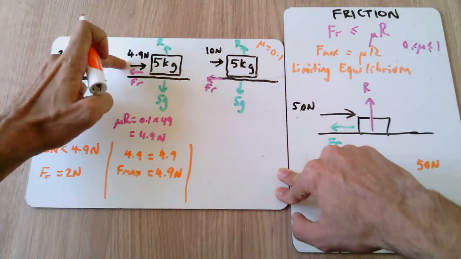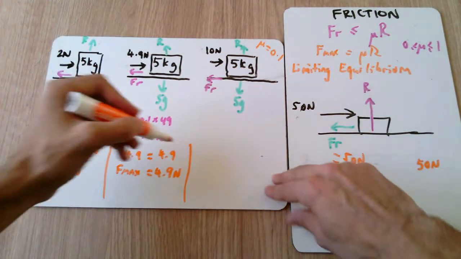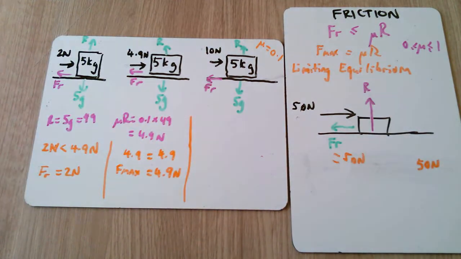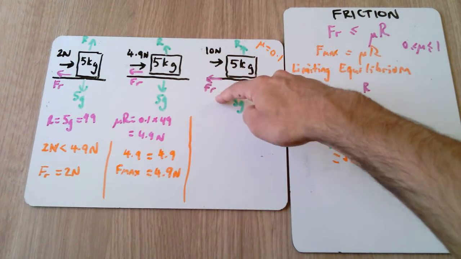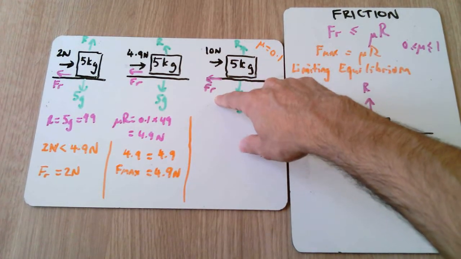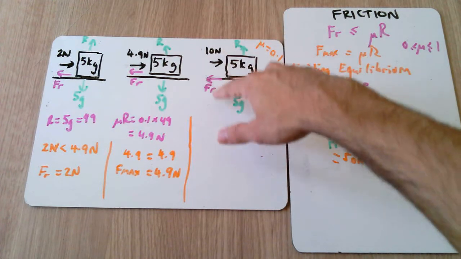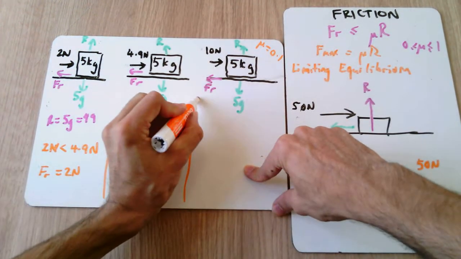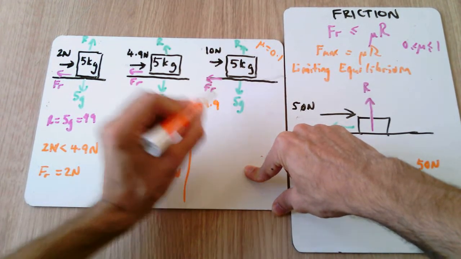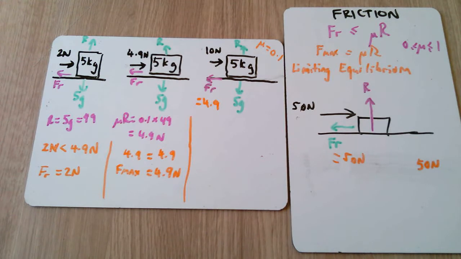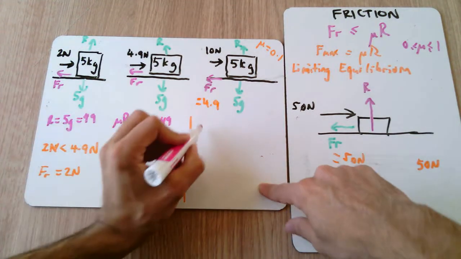If I exceed this value of 4.9, I'm going to be accelerating. And that is exactly what happens in the scenario on the right. Friction here is going to be equal to 4.9 because 10 newtons is greater than friction. So this is equal to 4.9. Now I'm just going to work out the acceleration in the scenario on the right hand side using F equals ma.